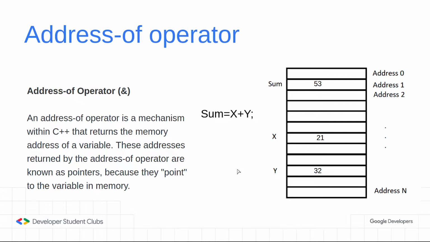I also told you that each of these blocks represents 1 byte of memory, and each of them has an address, and we can store data in it.